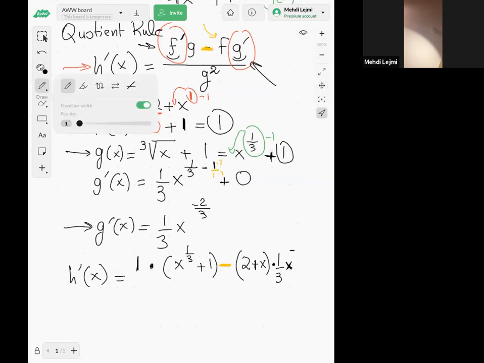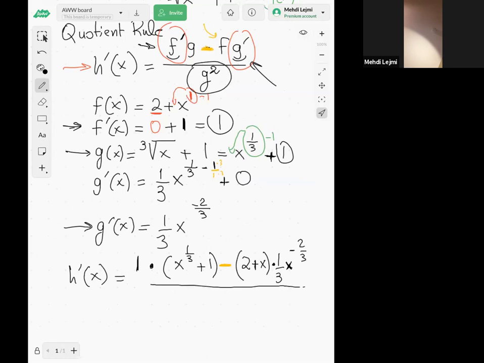And the whole thing, of course, divided by g squared. So g is the third root of x, or x to the power 1/3 plus 1, squared, because of the quotient rule. All right.